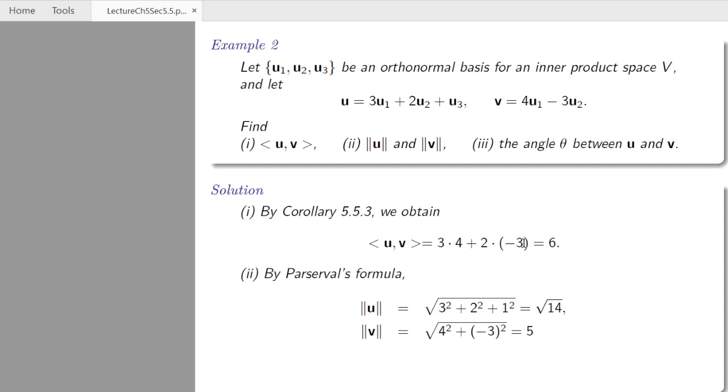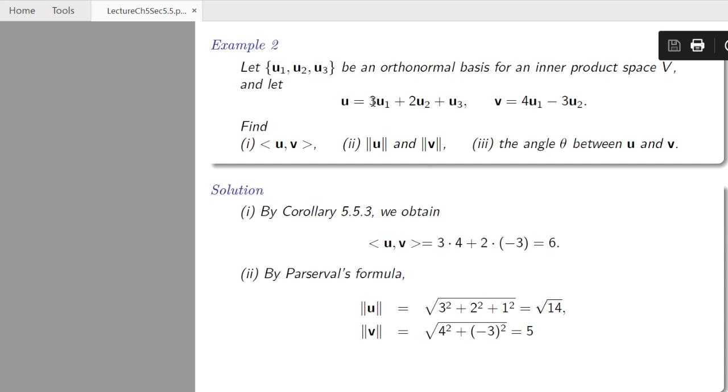Then we can find the length of u and v. Based on corollary 5.5.4, we just take the square root of the sum of squared coefficients.